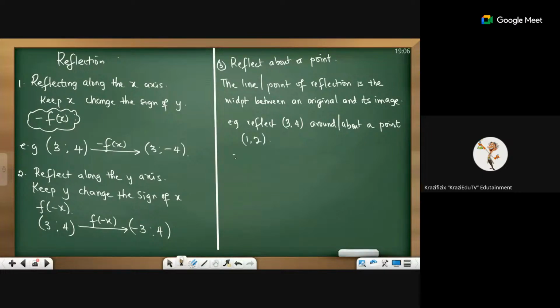So what's my midpoint? x1 plus x2 over 2 should be equal to my x of reflection. y1 plus y2 over 2 should also be equal to my y point of reflection. In this case, I know my x1 as 3. Do I know my x2? No. But do I know my x point of reflection? 1.